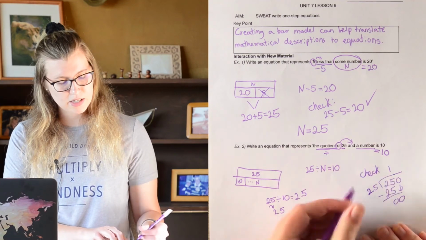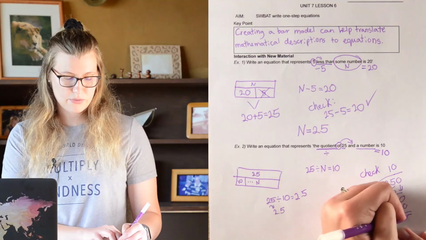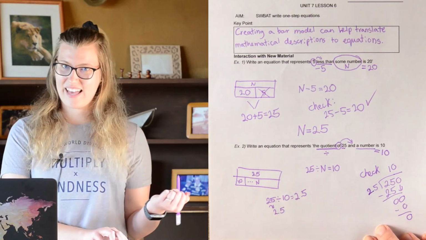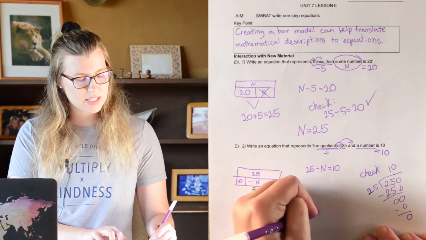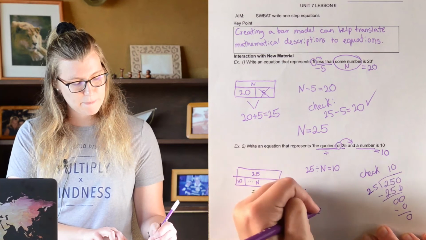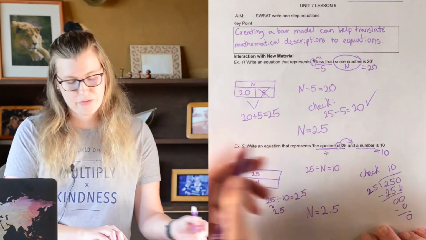Excellent. Bring down my 0. How many times is 25 going to 0? 0 times, and I'm left with no remainders. So my answer is 10. Is that what I wanted? Yes. All right, now I can confidently say the answer, that missing number, is 2.5.